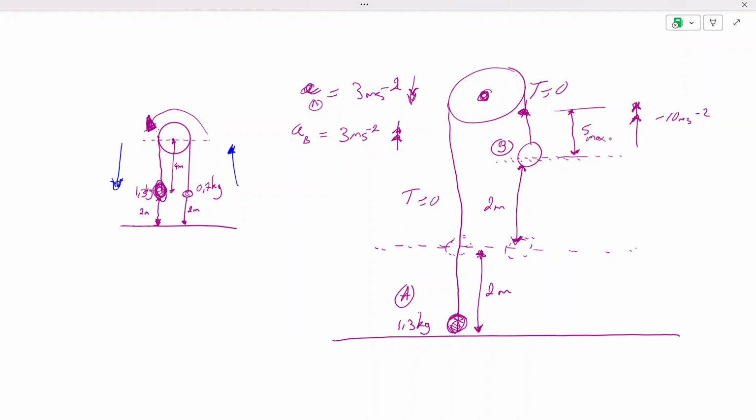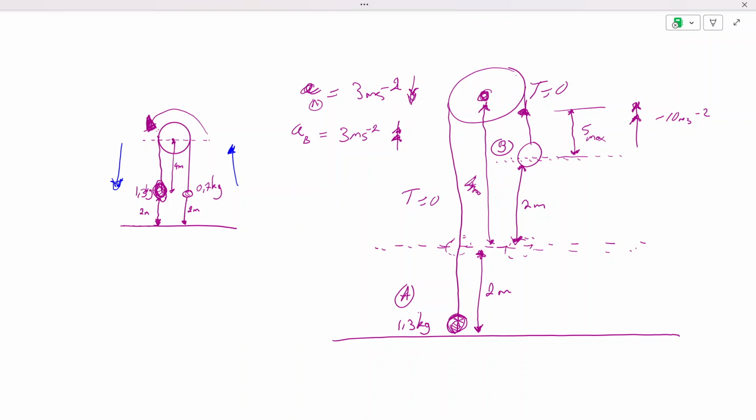Here we know that it had moved 2 meters up, and it will move a certain distance further up. We're told that the distance from the starting point of the masses to the pulley is 4 meters, but it won't matter. So this is the intuition that you should have. We need to calculate this S max.